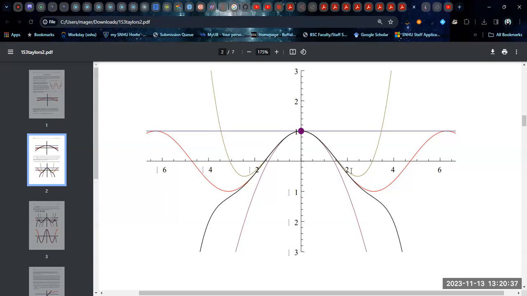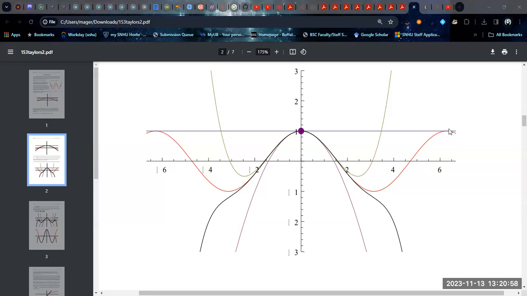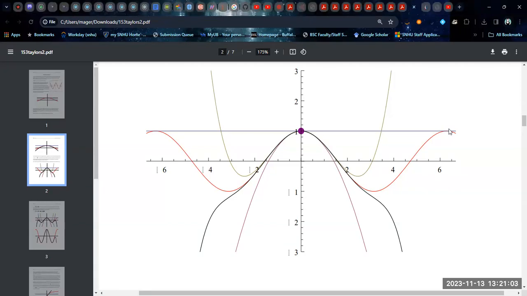This green line here is the x to the 4th term, and this black line here is our x to the 6th term. You can see it goes out even further, staying closer and closer to this red line, which is our cosine function. As you keep adding additional terms, you will keep getting better and better approximations that will stay pretty good longer and longer and longer.